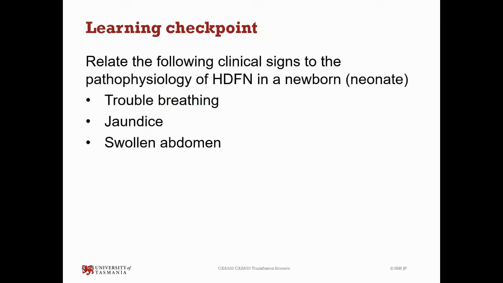Okay, relate the following clinical signs and symptoms to the pathophysiology of HDFN in the newborn or the neonate. If they've got trouble breathing, what's that related to? Yep, pulmonary edema. And jaundice?